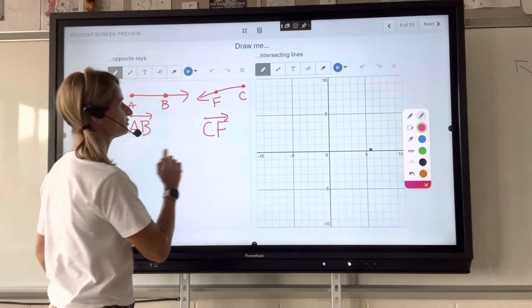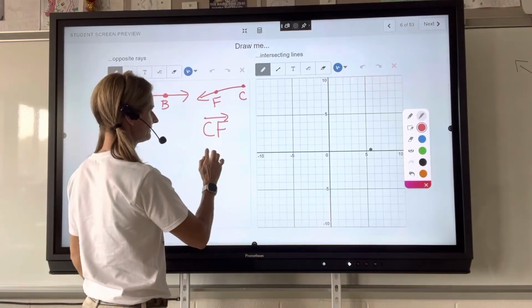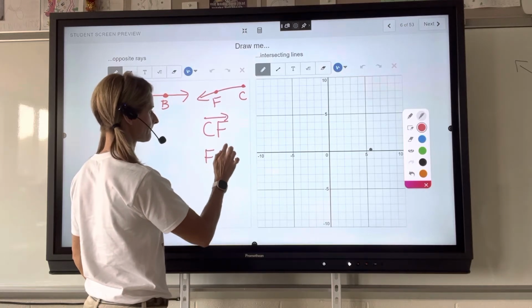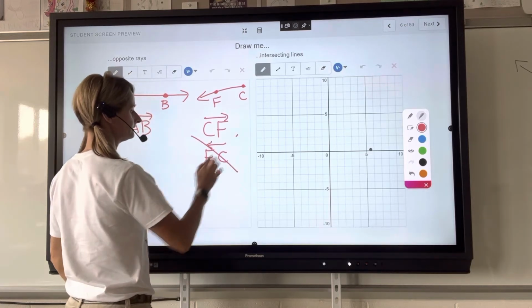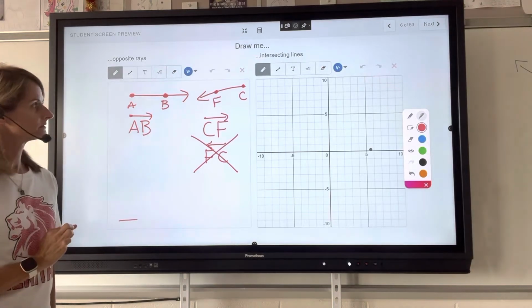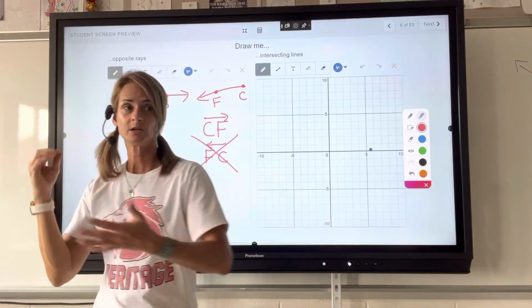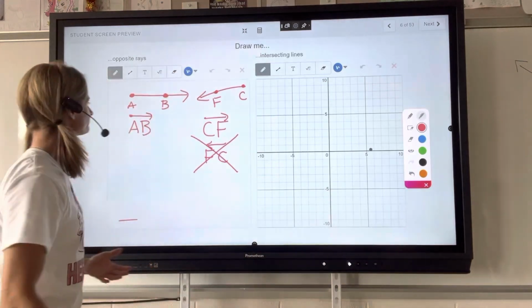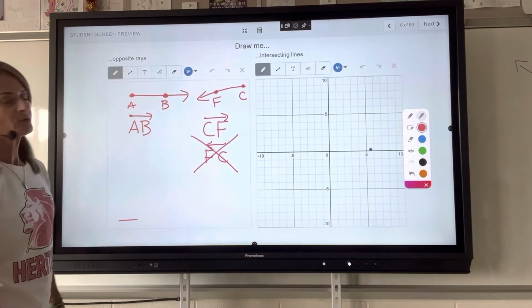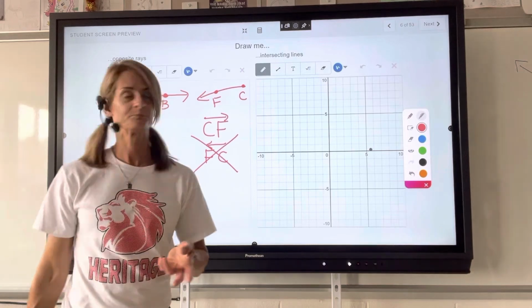So we don't want to name this ray like this. That's not correct. So we always start with the endpoint, and it goes through another point. So that's what a ray is and how to name a ray.